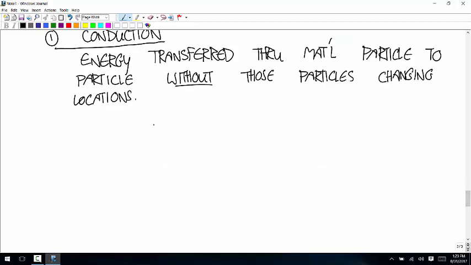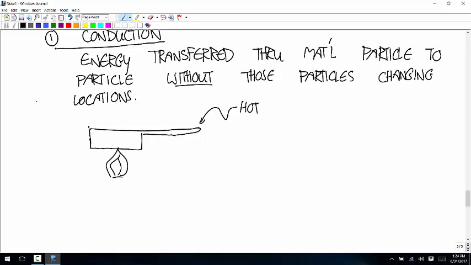An example of that is an iron pan. You heat up this part, but the handle gets hot.